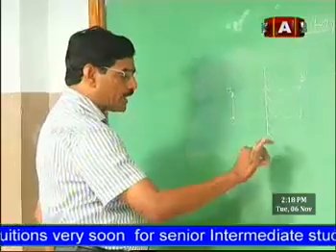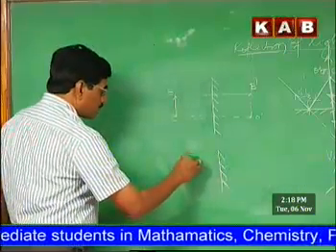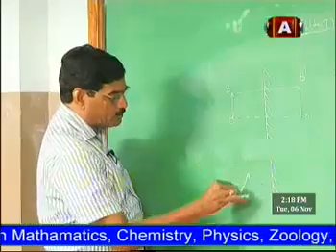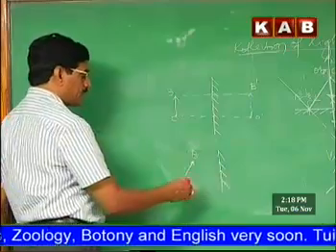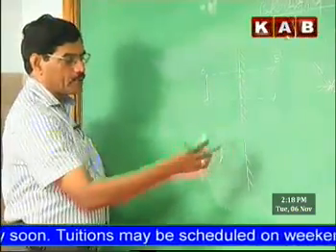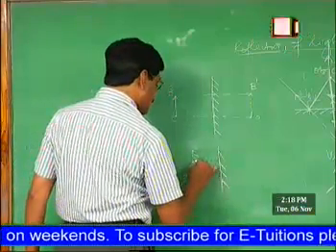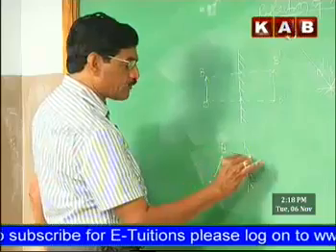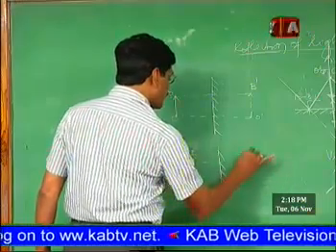Similarly, if the object is some bent object, leaning towards this side, how is the image formed by the mirror? As we see in the mirror, the image will look like this. This distance is equal to this distance. Corresponding to this, B dash is formed here.